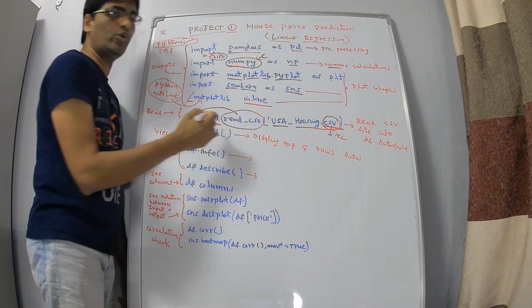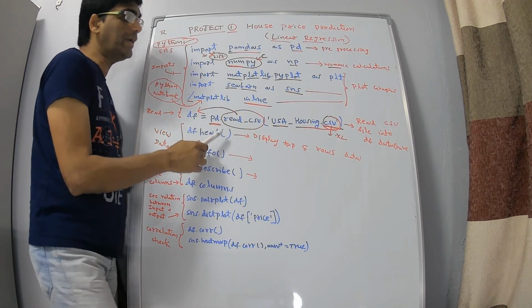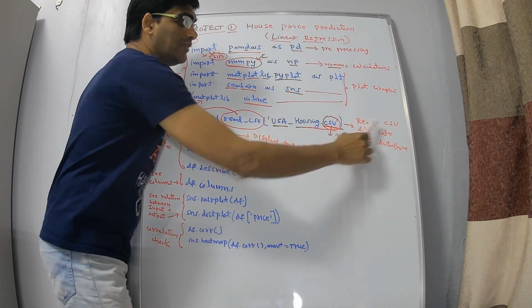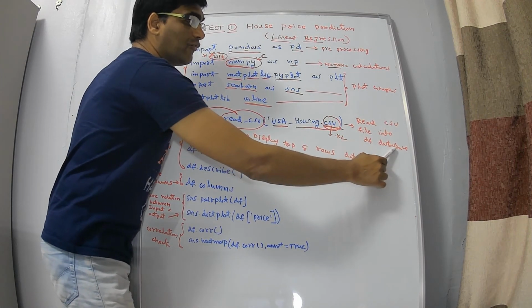What this pd method will do is convert it into a data frame. See here, it will read the CSV file into a data frame.